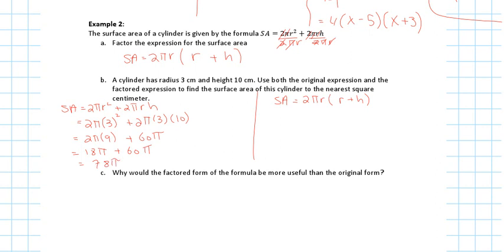I can leave it as 78 pi. I don't have to use a calculator to see what 78 times pi is. You can do that, but I can leave it like this. My unit for this is going to be centimeters squared, right? Surface area is squared units.